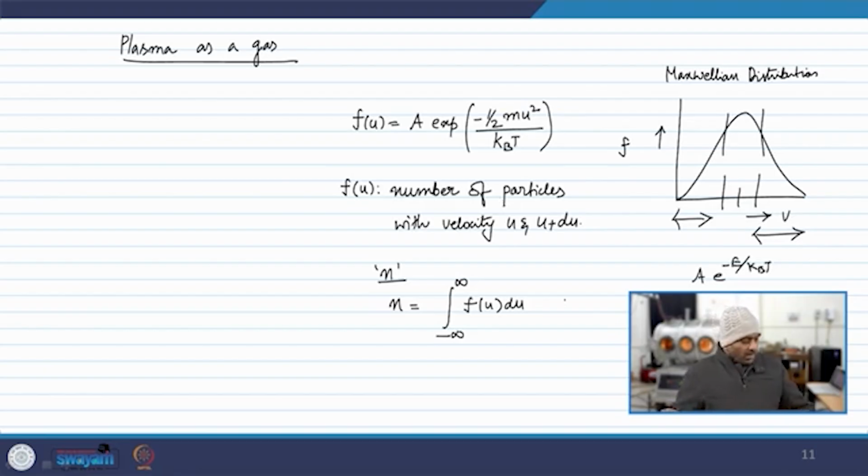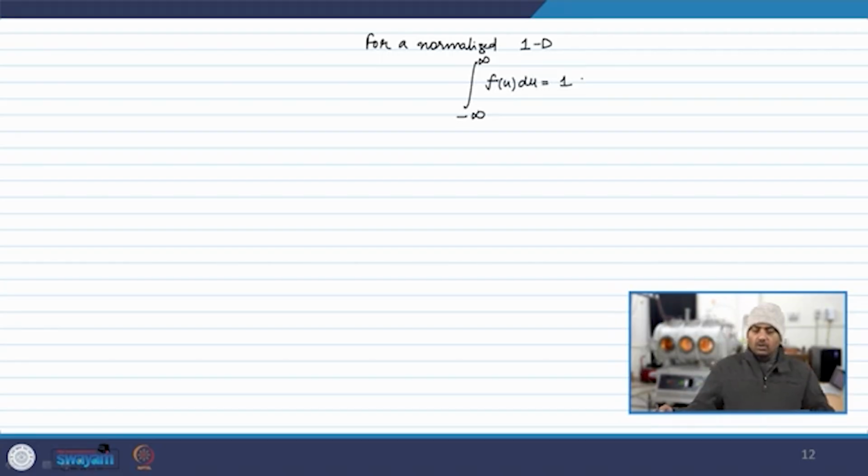Now, for a normalized one-dimensional Maxwellian distribution function, you can write the integral from minus infinity to infinity of f of u du as equal to 1. When you say it is equal to 1, you are referring to normalization.